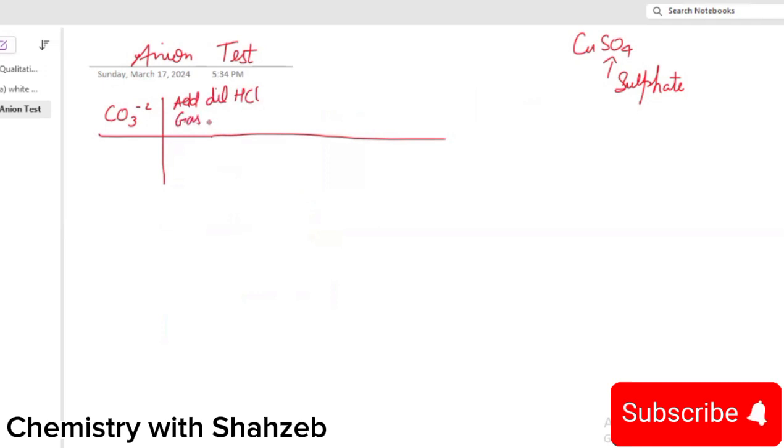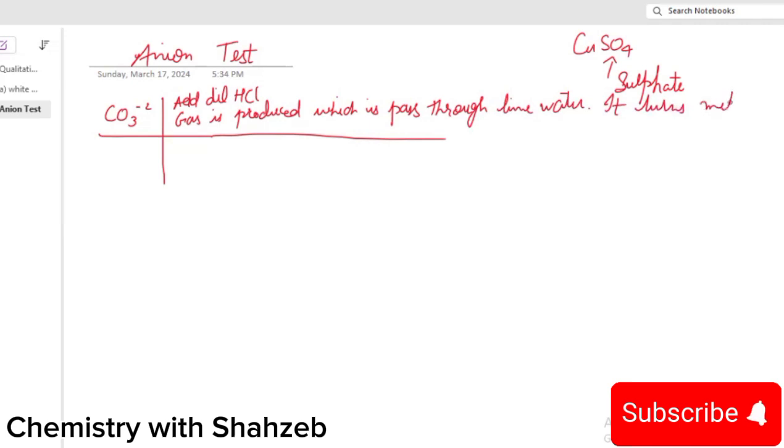Gas is produced, which is passed through lime water. As it is carbon dioxide gas, it turns lime water milky.